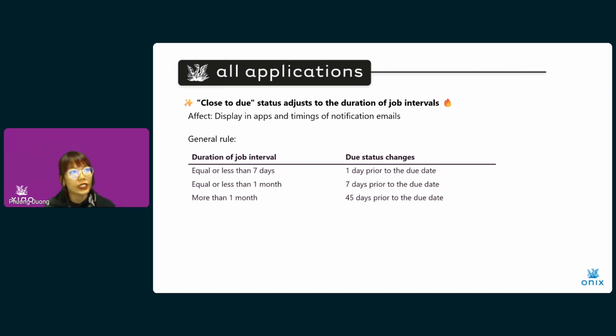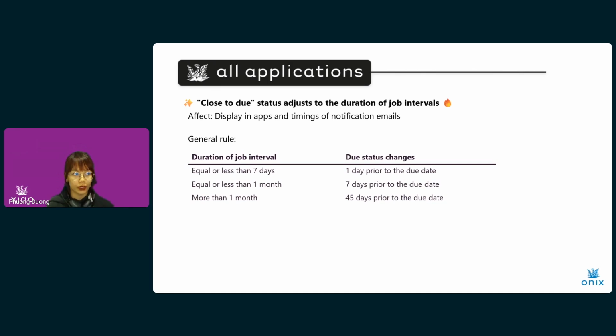And it really isn't helpful because you will need a more prompt notification for a short interval, or you will expect a longer, more delayed notification for a longer interval. So that's why in this release, we try to adjust the timing of the close to due status.